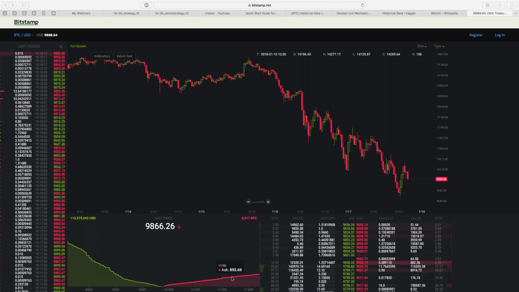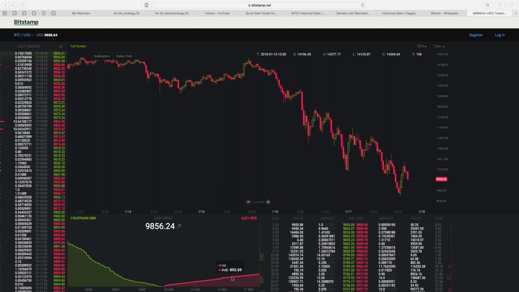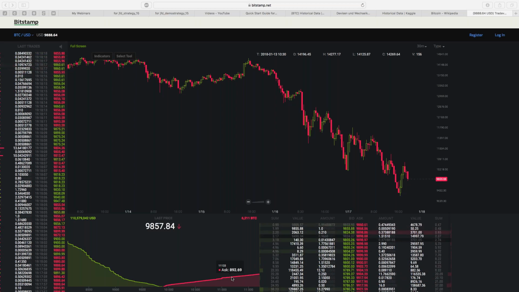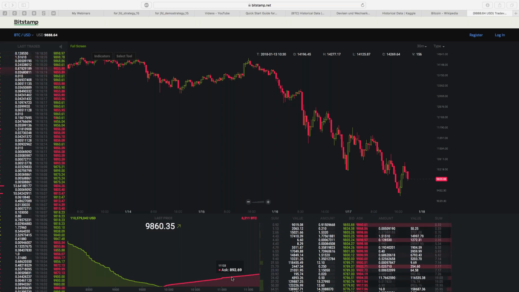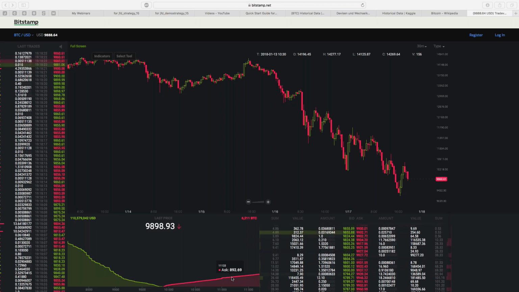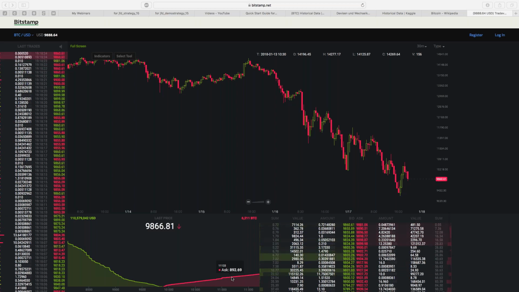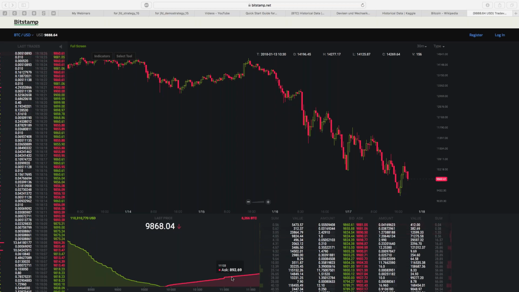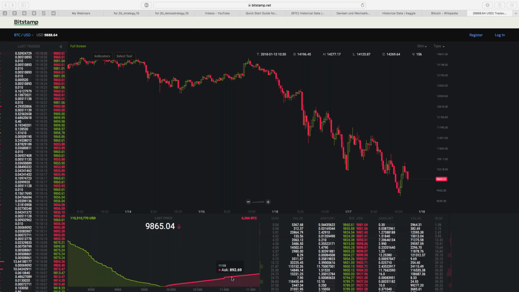But because I looked at that web page a couple of times now, the order book is getting thinner and thinner. So it's getting a little bit dangerous right now. Maybe the volatility will increase once again, because with some bigger orders, you can really move the market here.